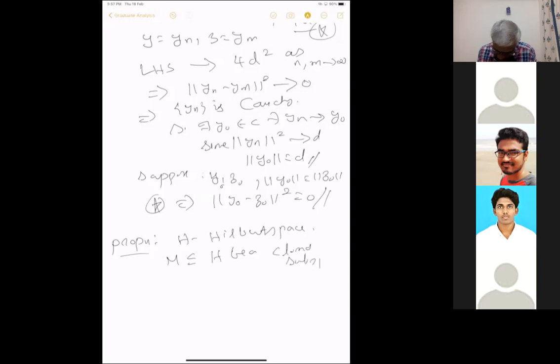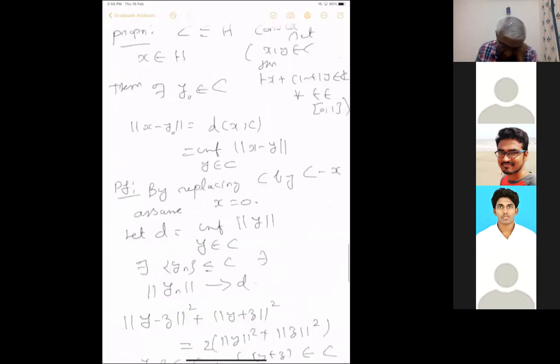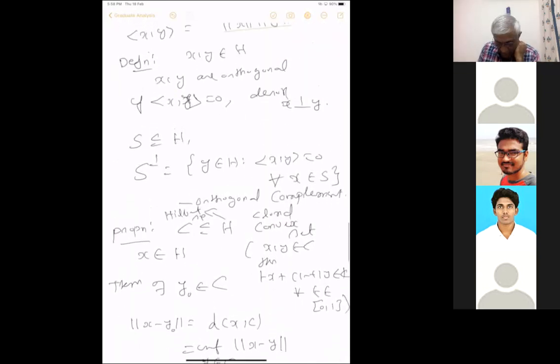Then for any y in H, there exists x in M and x perp in M perp. M perp we have defined; it's just the orthogonal complement, all those vectors which are orthogonal to M.